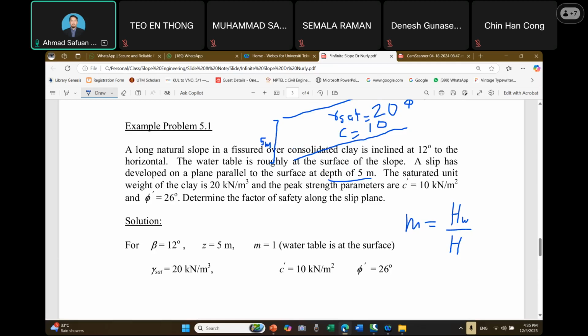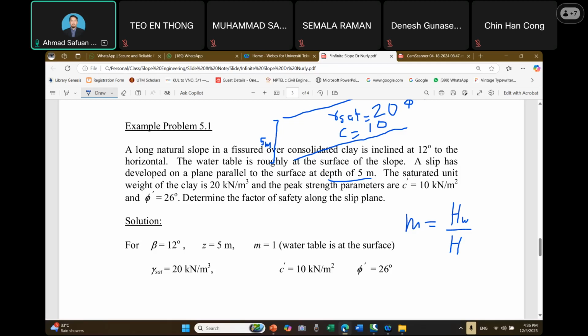So then we calculate 10 over 20 times 5 times cos 12 cos 12 tangent 12, 0.49.